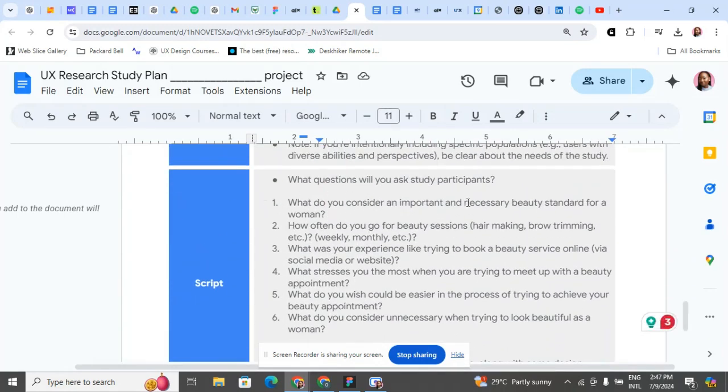If you look at the first question, what do you consider an important and necessary beauty standard for a woman? It is similar to the very first question of our research questions, which was what is the beauty standard of a woman. The second was how often do you go for beauty sessions as a lady, and we give examples of the services that this brand offers.